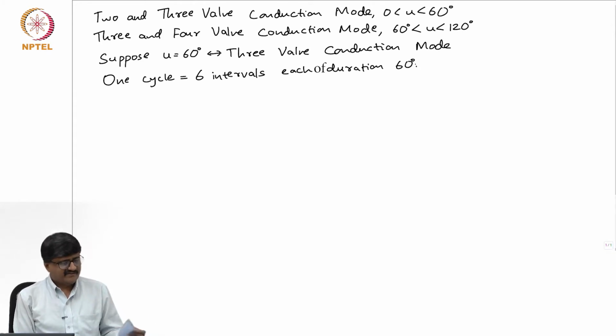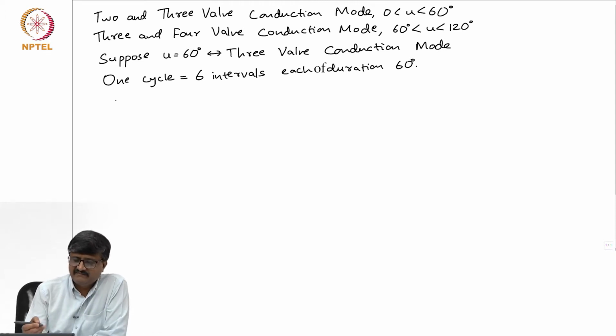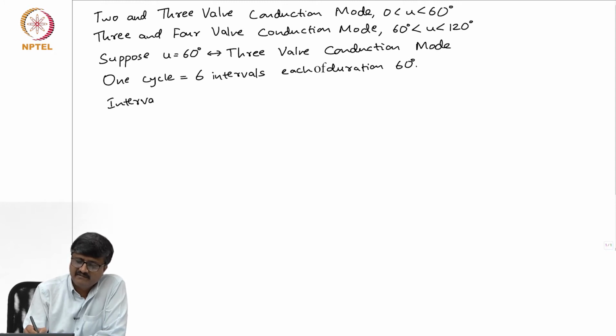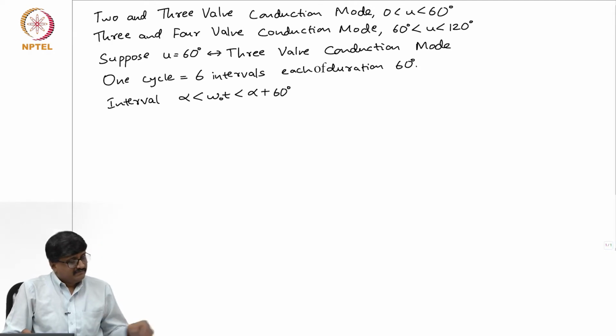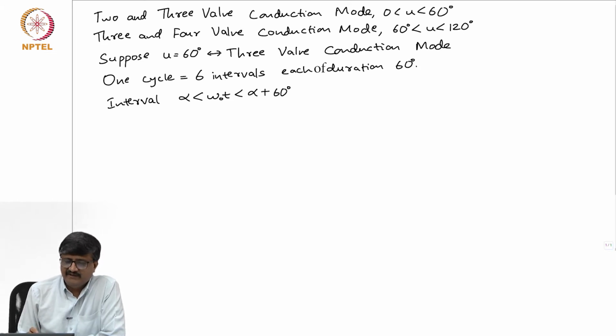We'll always use the interval which starts at alpha. So let us consider the interval alpha less than omega t less than alpha plus 60 degrees. In order to do the analysis for this interval, I need to consider the equivalent circuit.